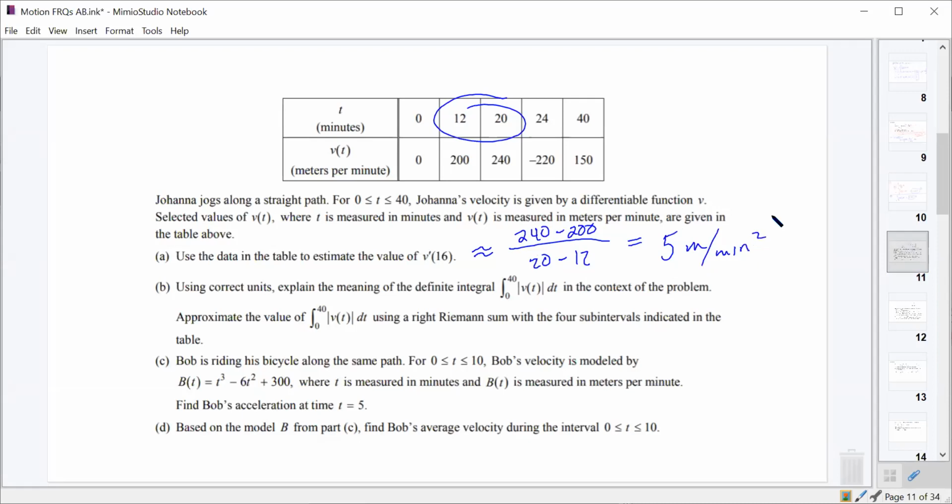If it asked us what that was, that would be an approximation for her acceleration at that time. But it doesn't, and that was just worth 1 point. Any questions there on part A? That's a pretty common thing that they'll ask you to do, is approximate, given a chart, the derivative of the function that's shown in the chart.